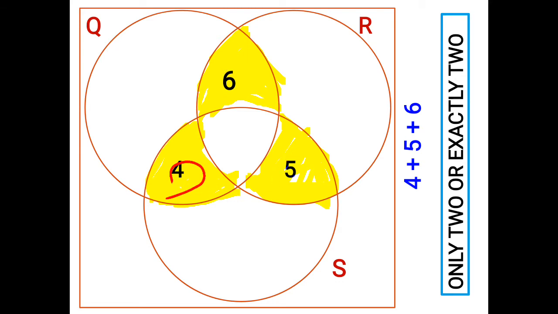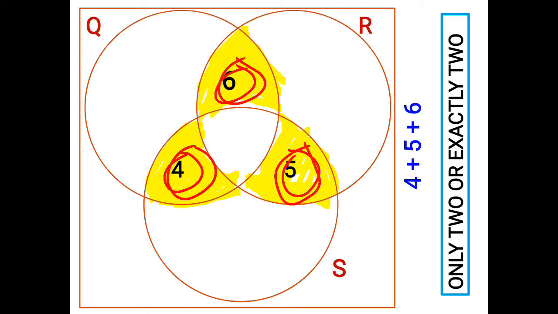Again, don't put, if the question said 2 students read only 2, don't put 3 here, 3 here, and 3 here. No. The question is saying 3 students read only 2, meaning if you add region 4, region 5, and region 6, you are going to get 3.